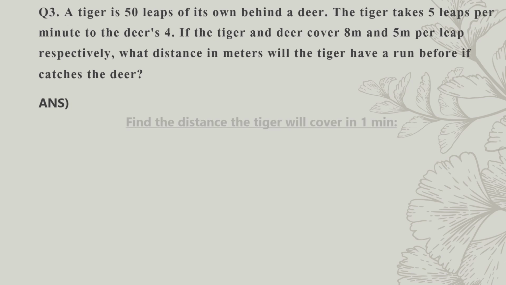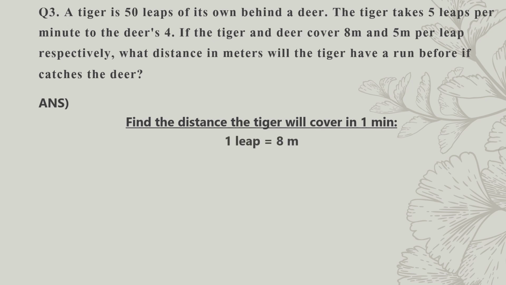Hence, we are first finding out the distance covered by the tiger in 1 minute. Here it is given that the tiger takes 5 leaps per minute to the deer's 4.